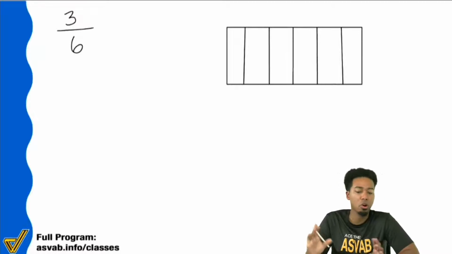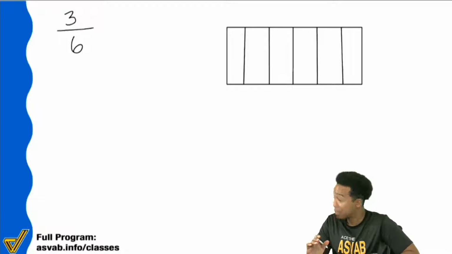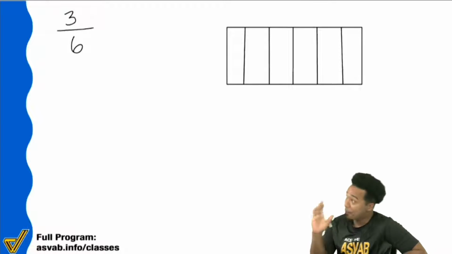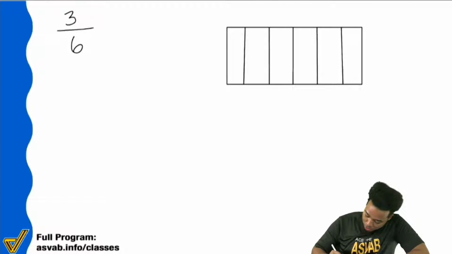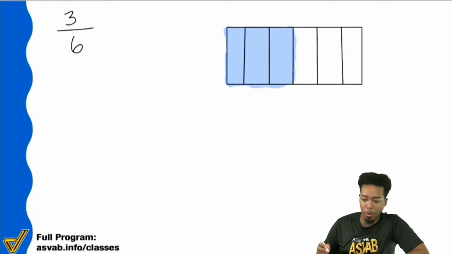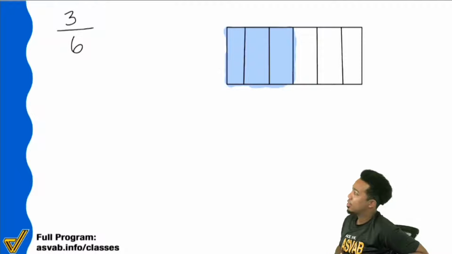Let's assume that they're all the same size. Clearly, they're not, because I can't draw to save my life. But if we take a look at this and shade, let's say we shaded 3 out of the 6 right there. And for my party people here with OCD, sorry about that.